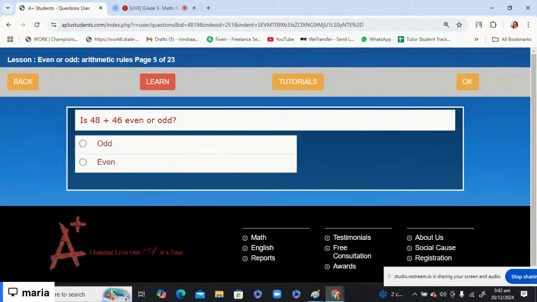Alright, 48 plus 46. Add both of these. 48 is even, 46 is also even. Add up together and then tell me, is it even or odd?